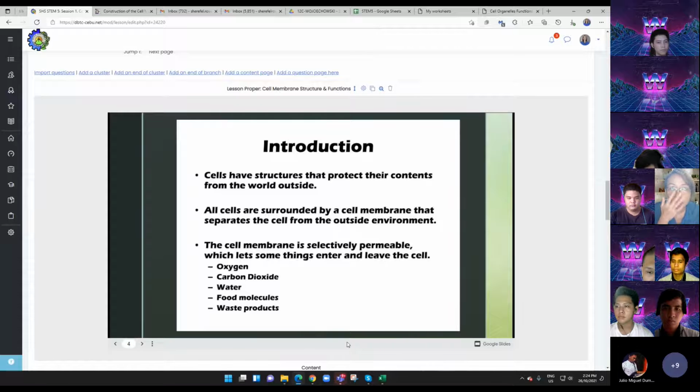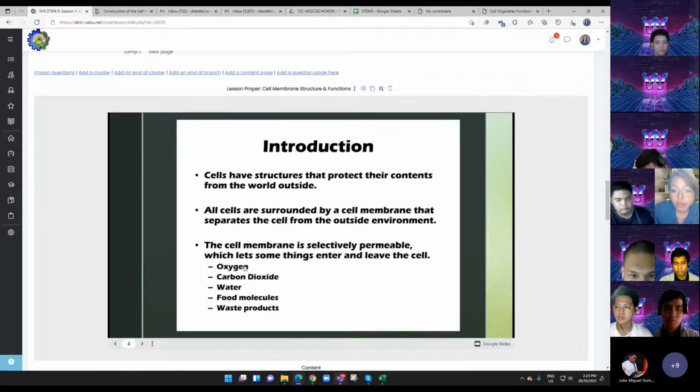So, the cell membrane has a very important role of keeping the organism healthy. Why? Because the entrance of molecules is being regulated by the cell membrane. What are these molecules? Example, oxygen, carbon dioxide, water, food molecules, and waste product.